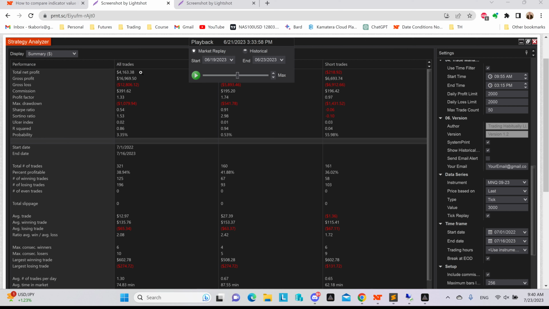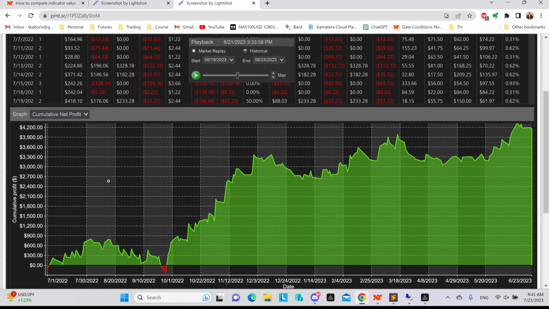If you're trading one full-size NQ contract, that would be times 10, so that would be 40 grand just trading one contract. And here is the distribution of cumulative profit.